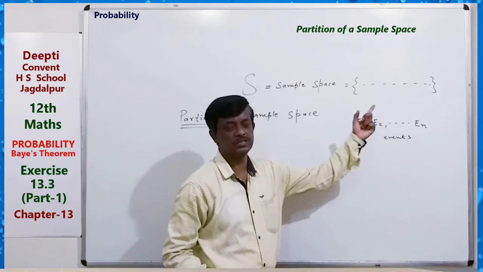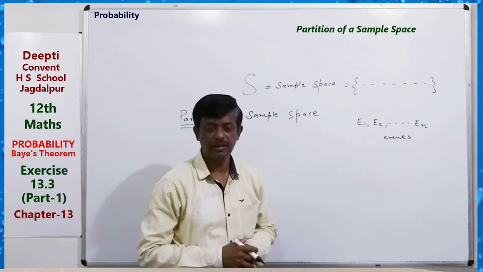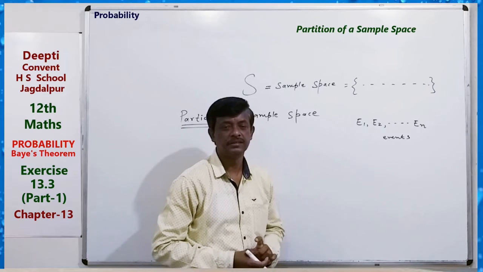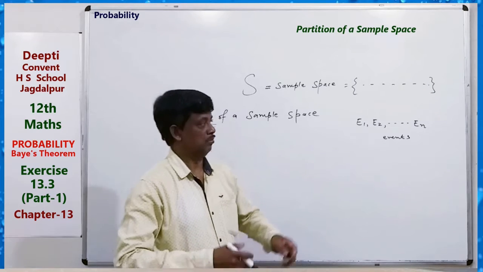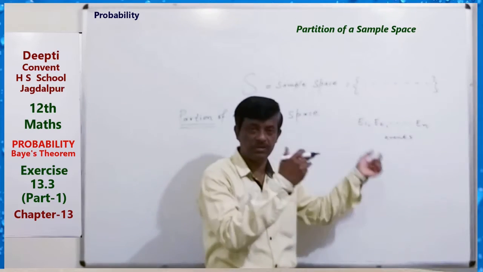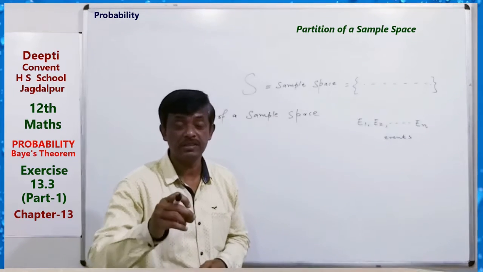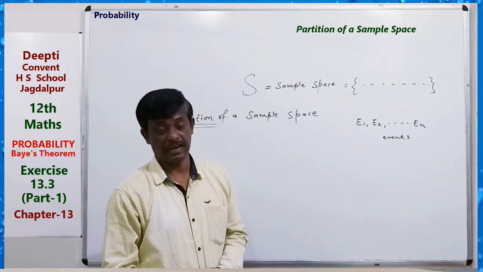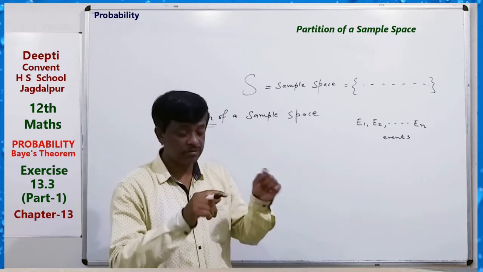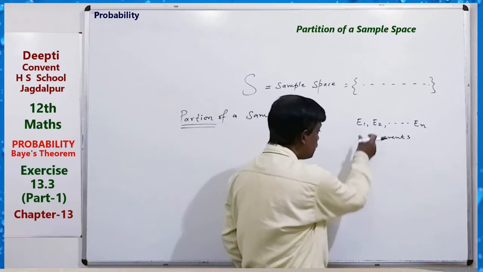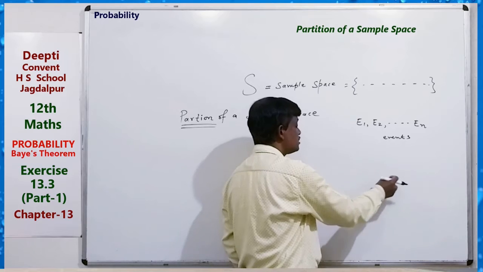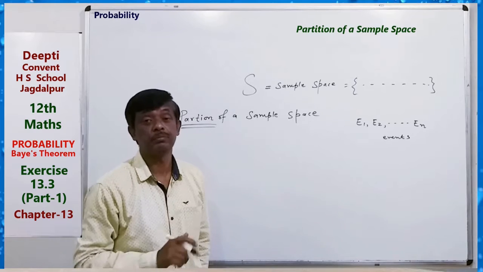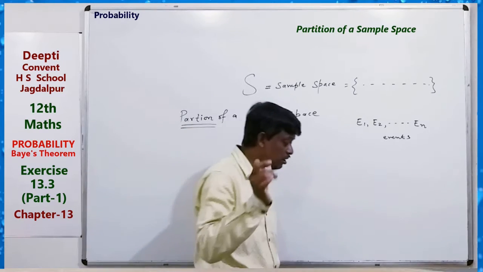All the events are subsets of this sample space. Clear? These events are non-empty, because events are subsets, that is, they have non-zero probability, and pairwise disjoint. Pairwise disjoint means that taking any two and their intersection is phi, that is, not joined.